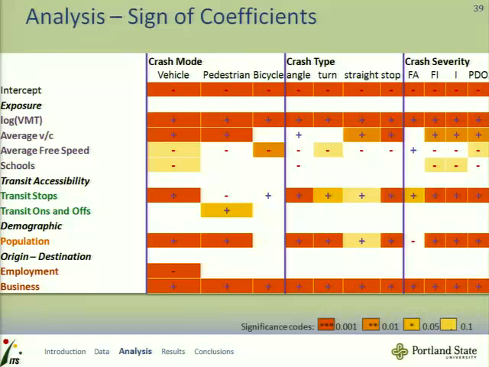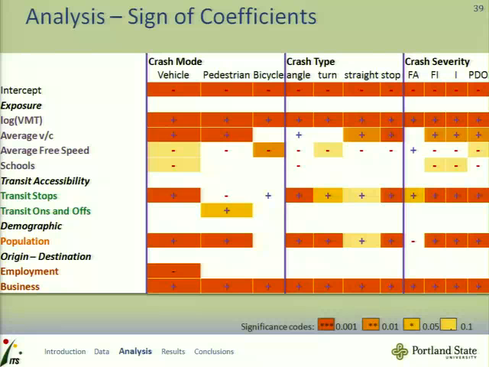Employment was only significant for the vehicle crashes, and that, oddly enough, was a negative coefficient, which would imply that as you lower employment, you get more crashes. Not sure, again, what's going on there, but one explanation might be that employment density was very much in the central business district, whereas the businesses, which were significant in everything, are dispersed throughout the area, but that has nothing about the size of the business.